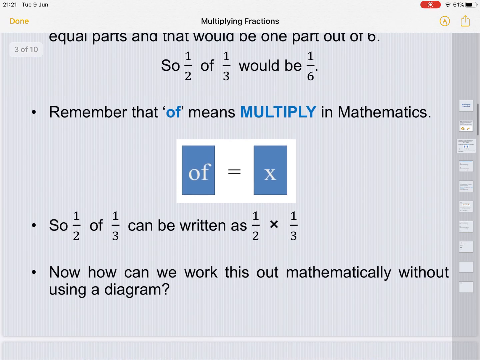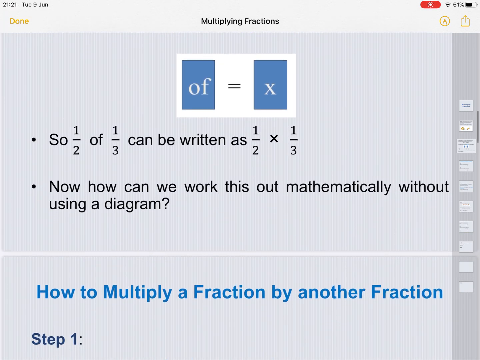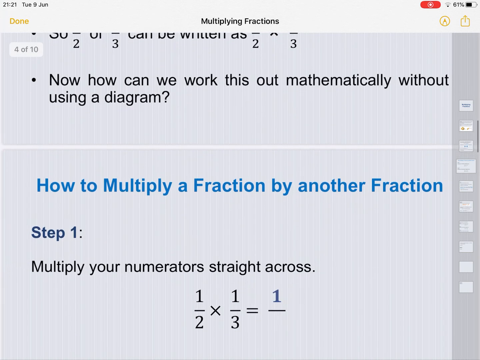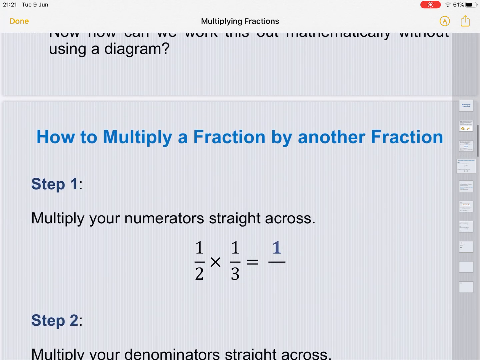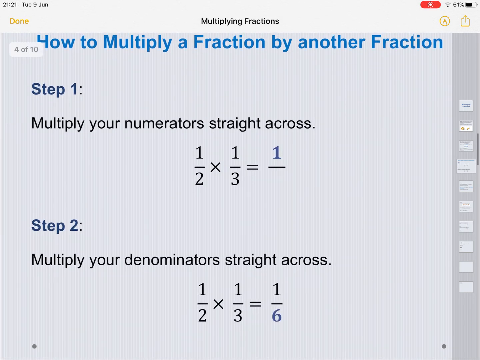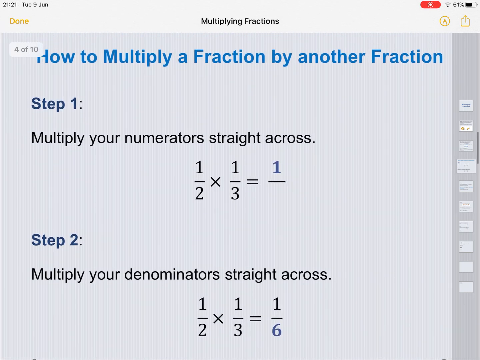Now, we've done this example using a diagram of a pizza. How can we work this out mathematically without using a diagram? So, how to multiply a fraction by another fraction? This process involves 3 steps.